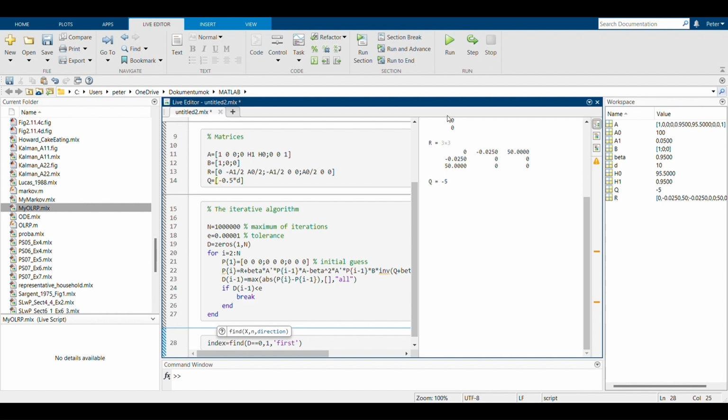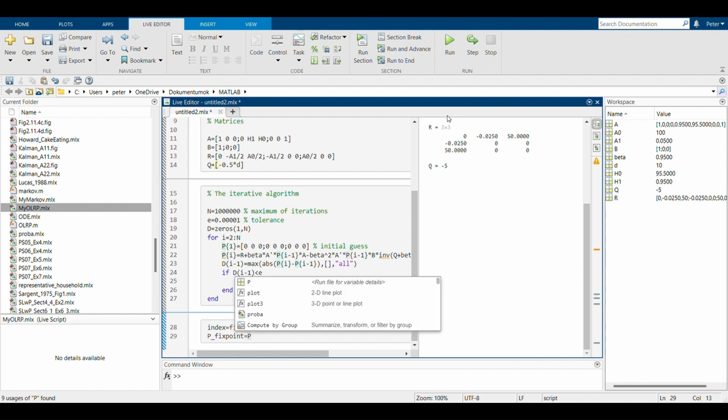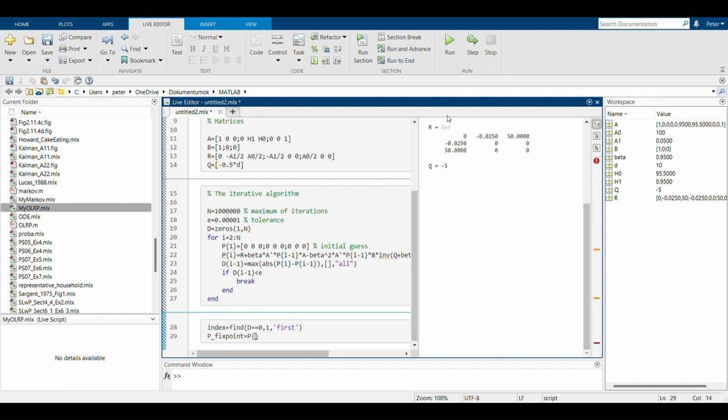This is going to be the index of the position in which the difference vector is 0, and the fixed point of the Riccati equation is going to be in this position.